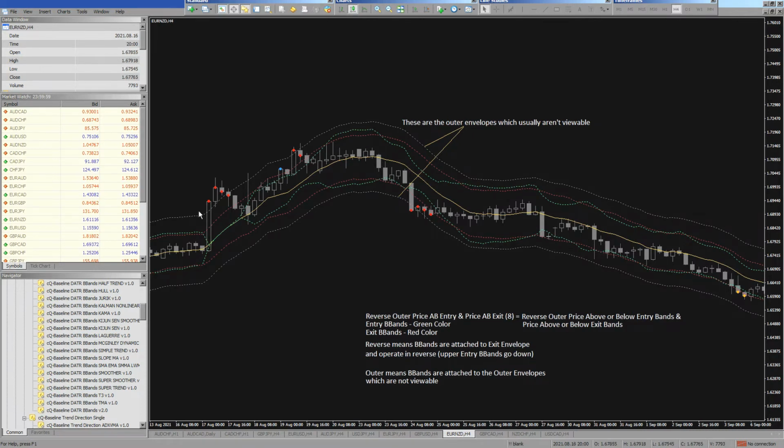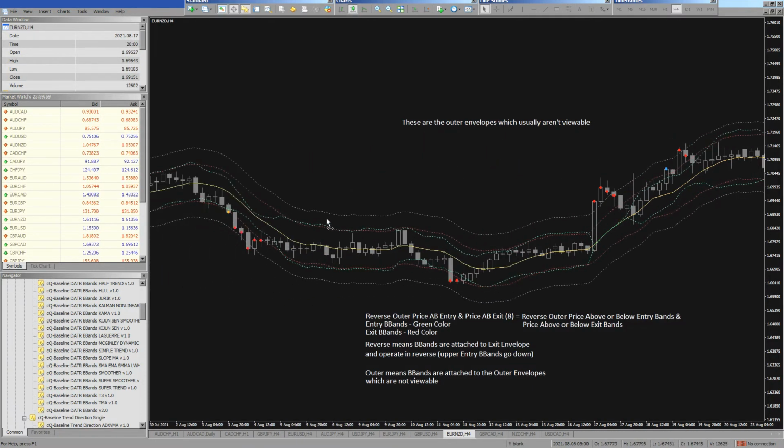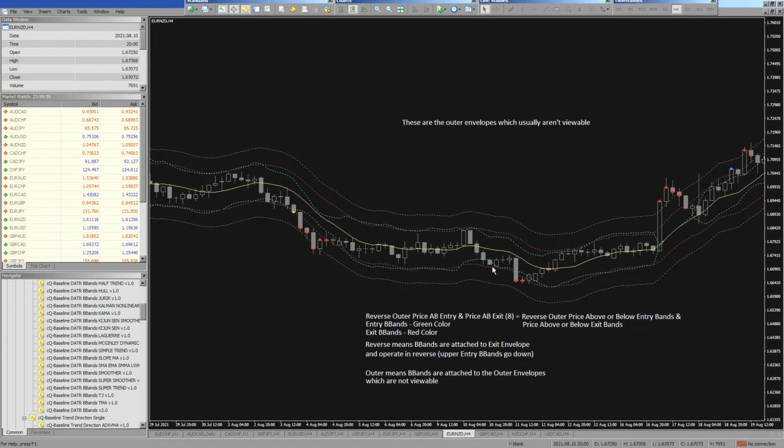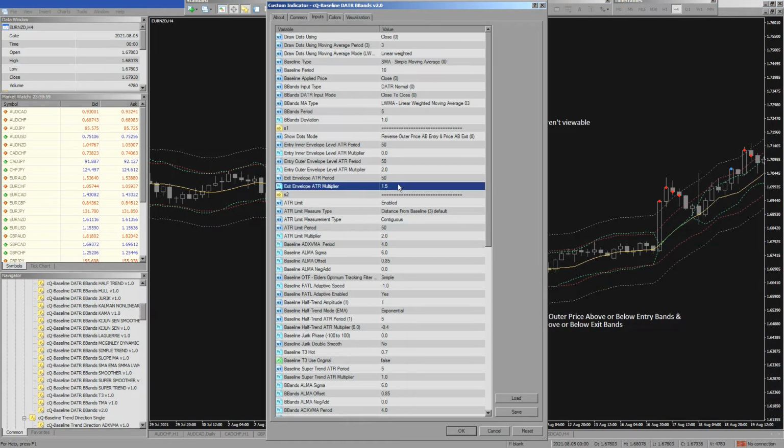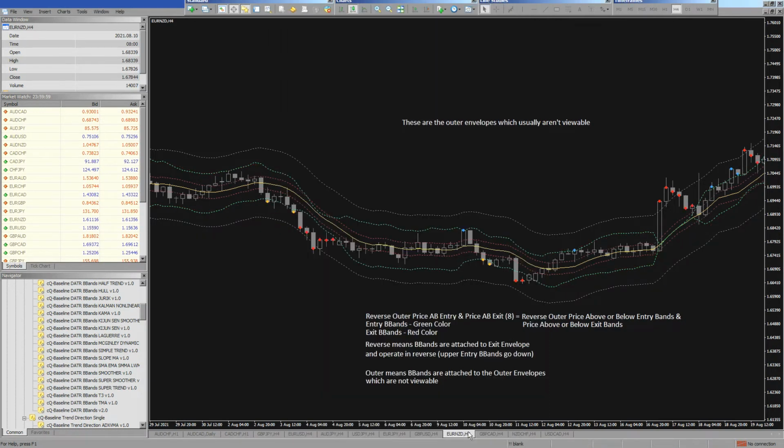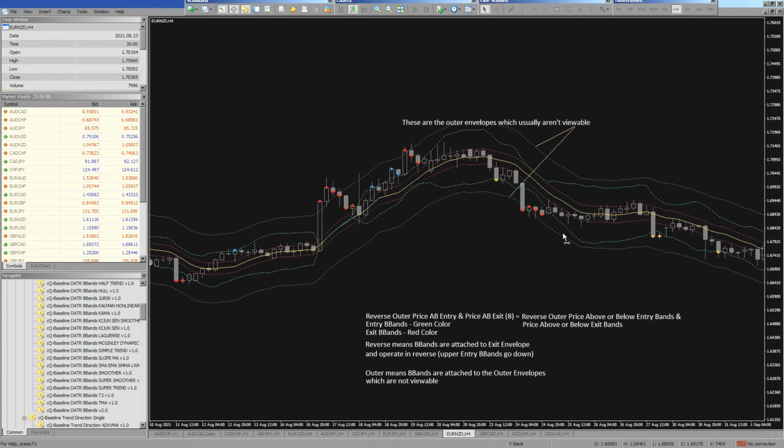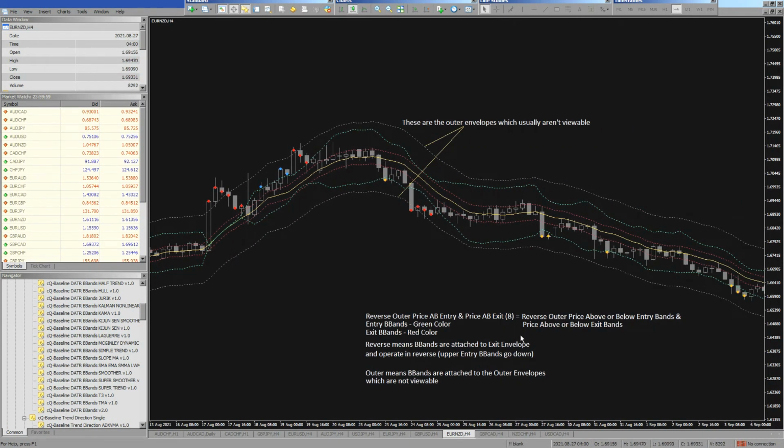So if it gets in between here, it doesn't draw a dot. And if you wanted to get more dots, you could lessen this, and you should get a few more. Or you got this one, for example. And for the most part, that's this mode.